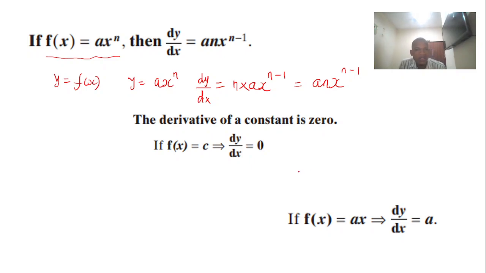Now the second law is about the derivative of a constant, which is 0. Now this law is basically saying that if f of x is equal to c, now this c is a constant. Okay, now a constant is any number. Is a number that does not contain the variable. Okay, so now if for example I'm differentiating with respect to x, right?